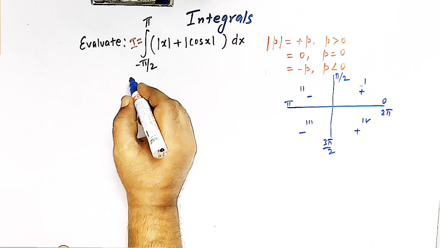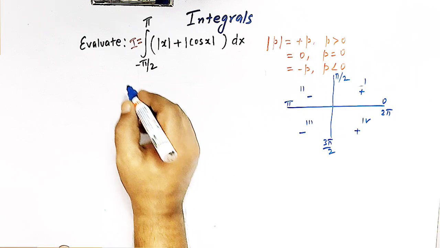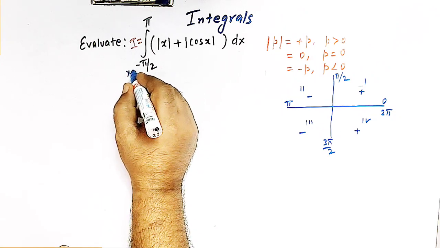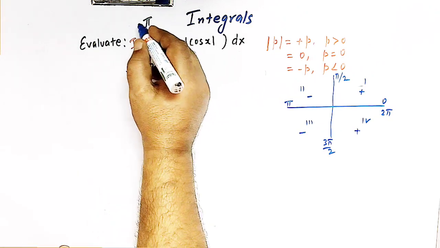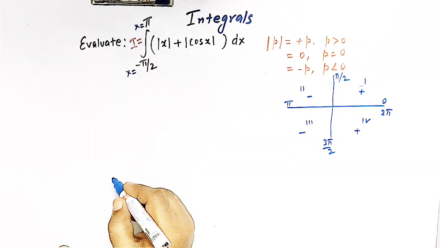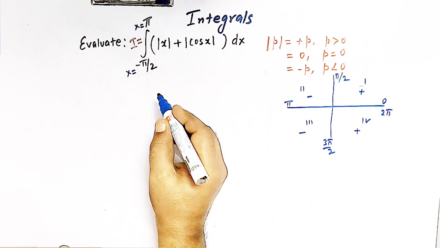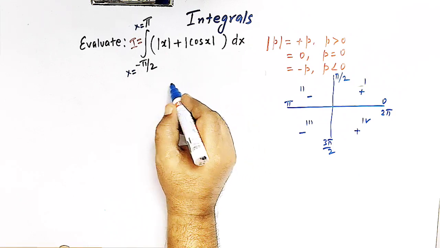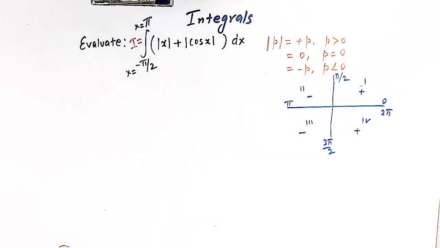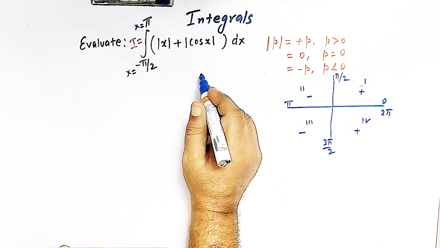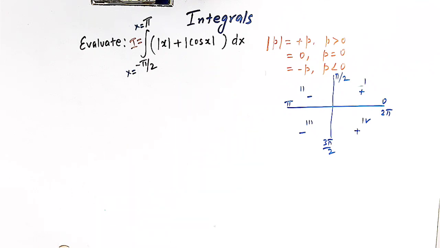Now let us see the limits of integration. Here the lower limit is minus pi by 2 and the upper limit is pi. From trigonometry we know that it is a convention that when we measure an angle in the anti-clockwise direction, it is taken as positive, and when we measure an angle in the clockwise direction, the angle is taken as negative.